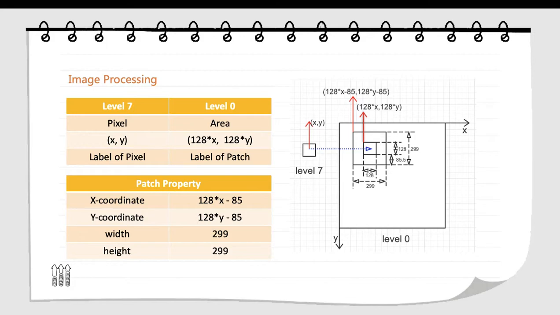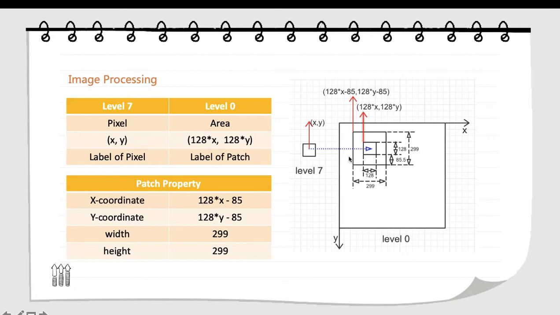We know that there are 8 magnification levels available per slide. Therefore, for every pixel in level 7, it corresponds to a 128 by 128 area in level 0. As the picture shows, assume the coordinates of this point in level 7 is (x, y).